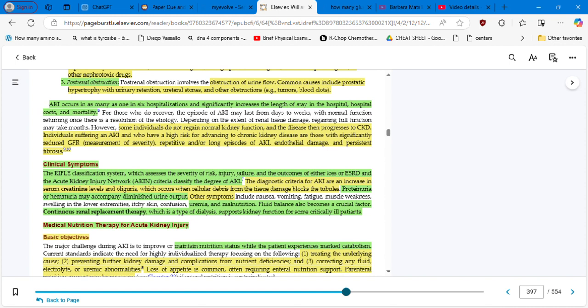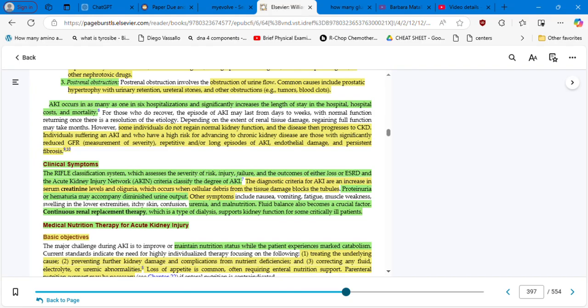Now the diagnostic criteria for AKI are an increase in serum creatinine levels and oliguria. Creatinine is the most reliable factor to test your kidney function.